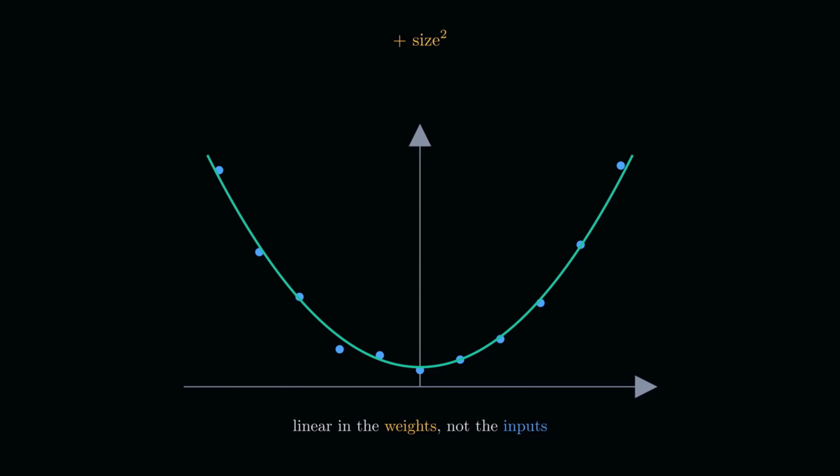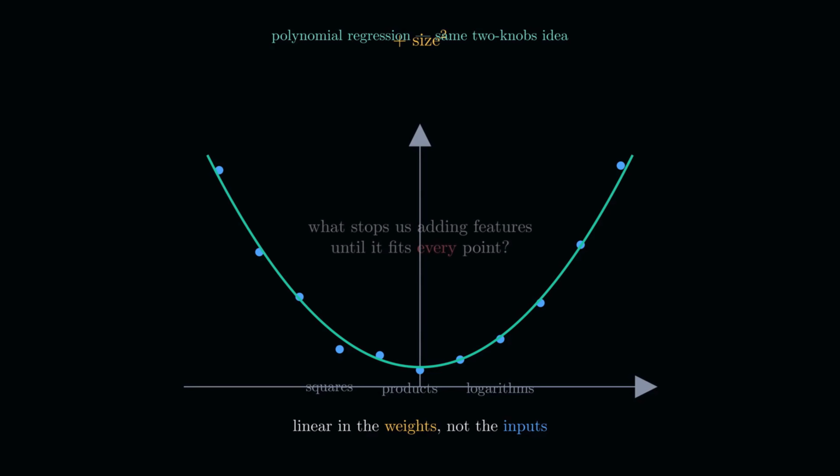The trick is that linear regression is linear in its parameters, the weights, but not necessarily in the inputs. So, by inventing new features out of old ones, squares, products, logarithms, a linear model can fit beautifully curved relationships. That's called polynomial regression, and it's still underneath the exact same two-settings-per-feature idea, which is w and b.